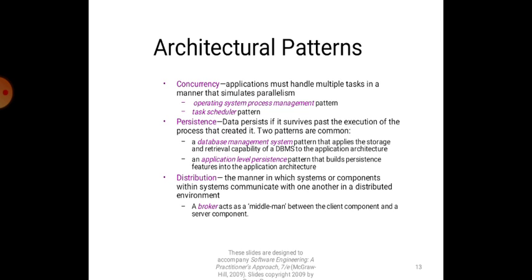So the two patterns that are common as far as persistence is concerned are the database management system pattern that applies the storage and retrieval capability of a DBMS to the application architecture, and second, the application level persistence pattern that builds persistence features into the application architecture.